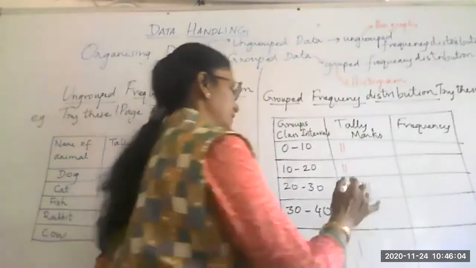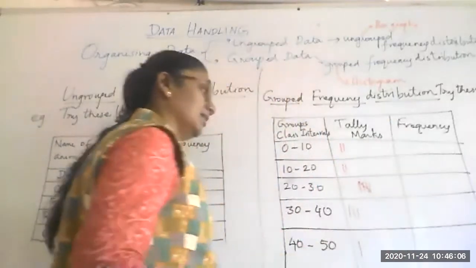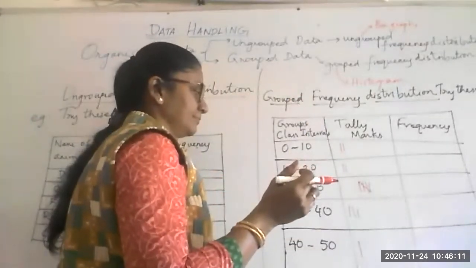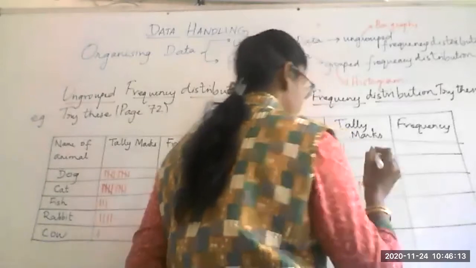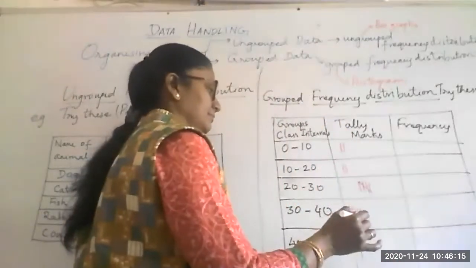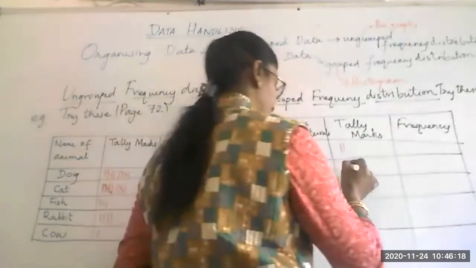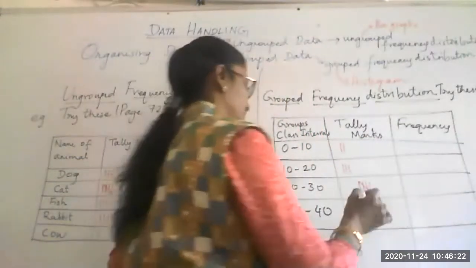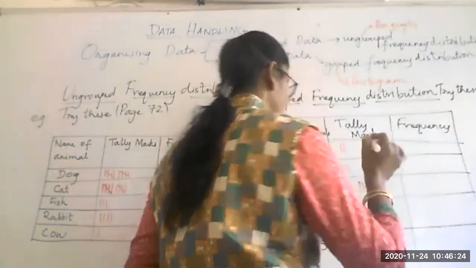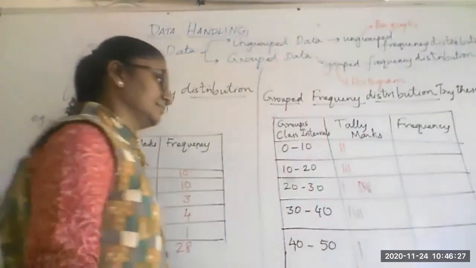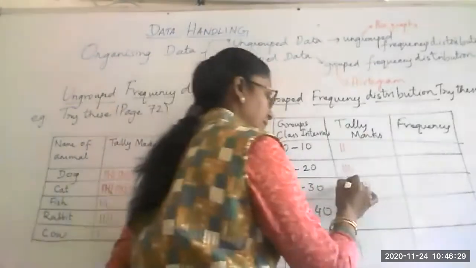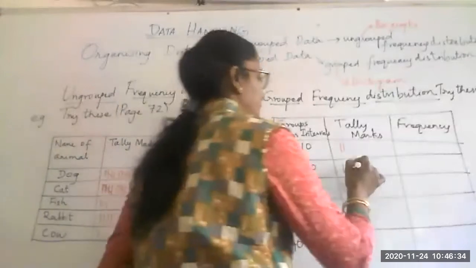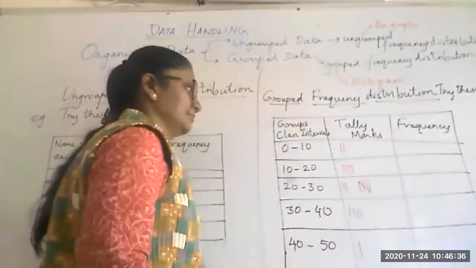26. Third group, okay. Next. 32. Fourth group. 18. Second group. 27. Third group, I'll put it here. 28. Third group. 19. Second group. 29.